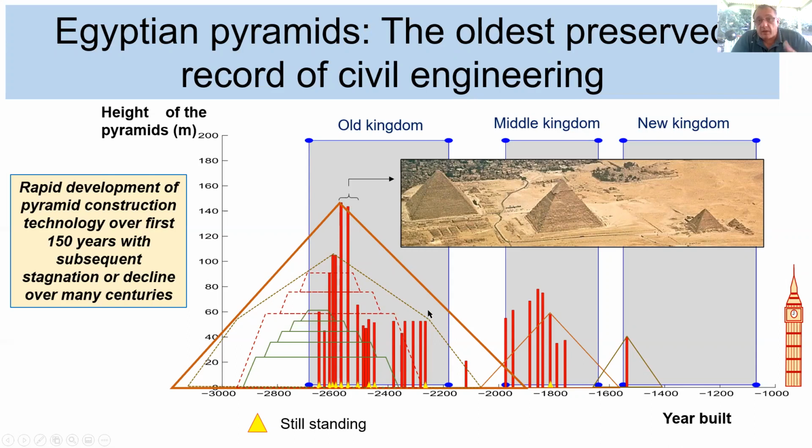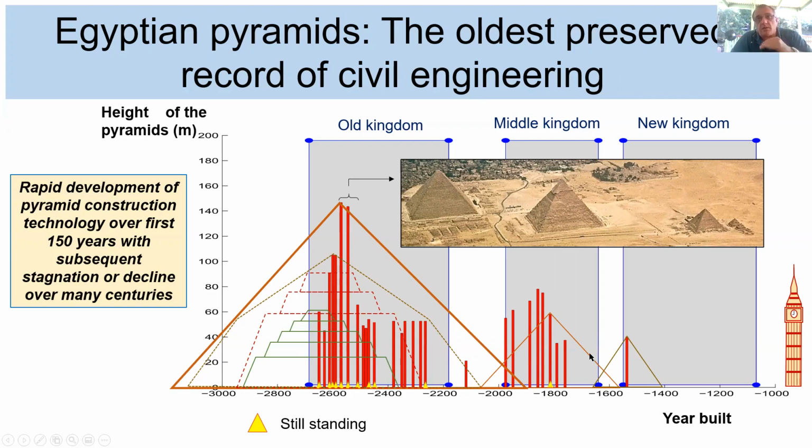But after that, you can see clear signs of stagnation. Pyramids become smaller, and it's quite clear that most of the pyramids which are standing today, which are marked by these yellow triangles, were built in the early stages of the pyramid construction period in Egypt.